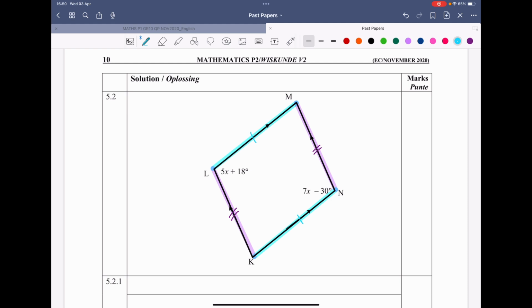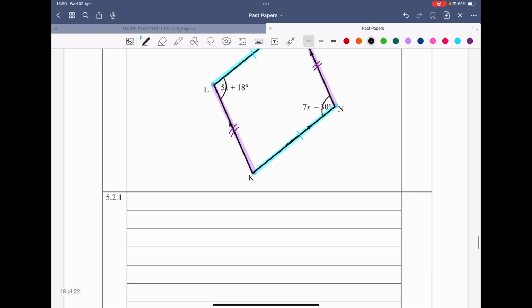And I know from a parallelogram that the quality of the parallelogram is that opposite angles are equal, which means that this angle MNK is equal to this angle MLK. So I can write that equation. So I'm first going to say that MNK equals MLK, and that's because of opposite angles of a parallelogram.